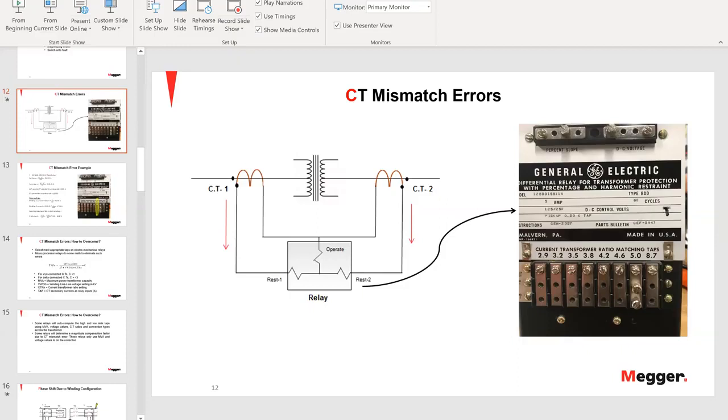All right, thank you. Abel, what is SOTF? Okay, SOTF, that's switch onto fault.